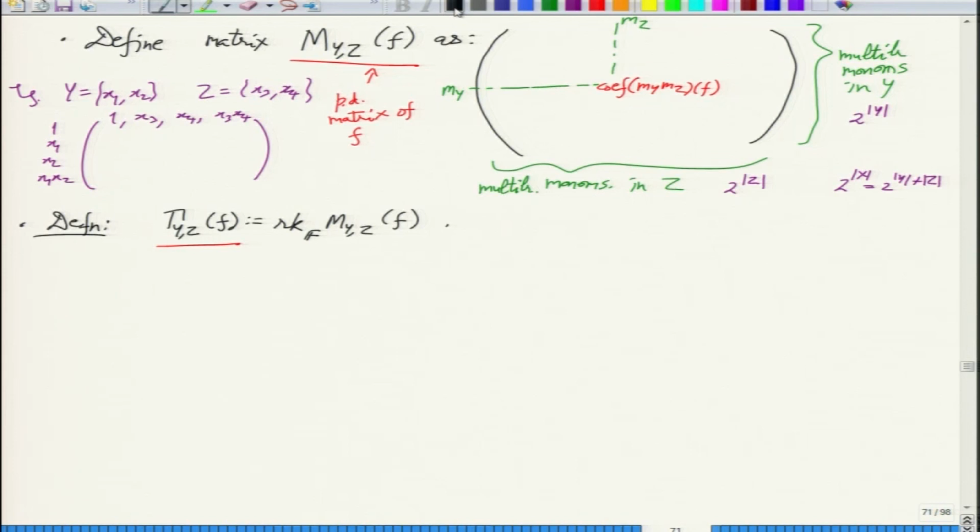It is the partial derivative matrix of f with respect to a given partition, and its rank is the measure. As experienced before, this measure will have nice properties. When you have f1 plus f2 and f1 times f2, the measure behaves well under ring operations.